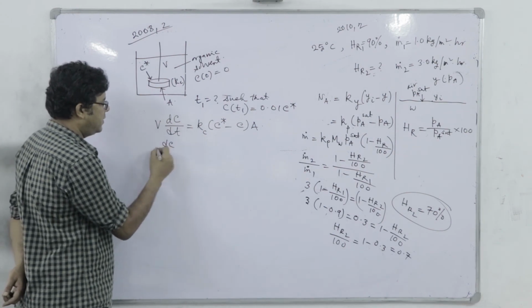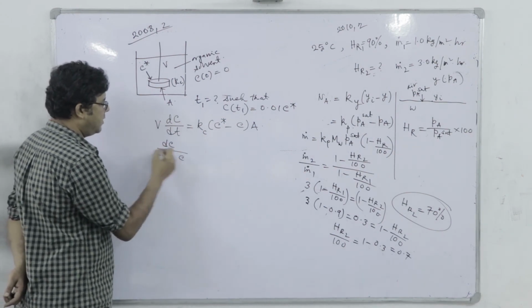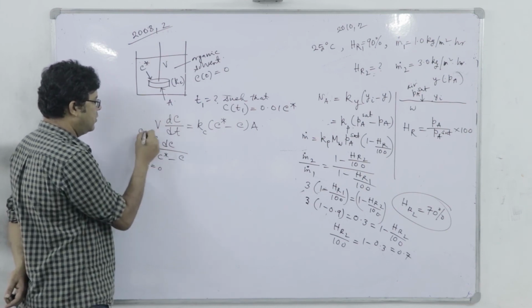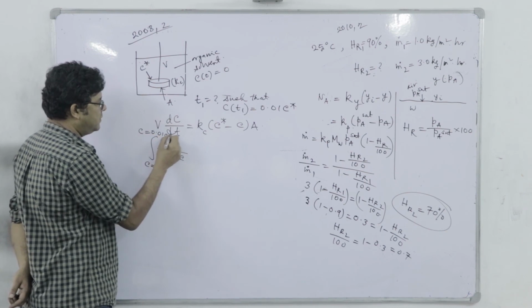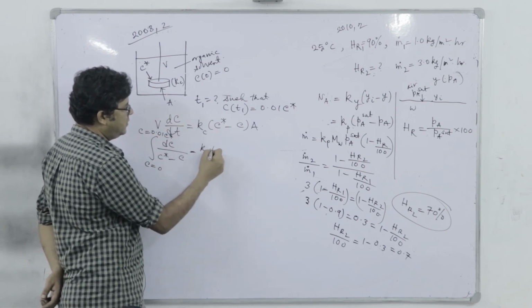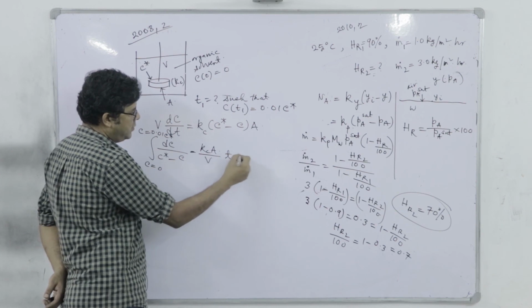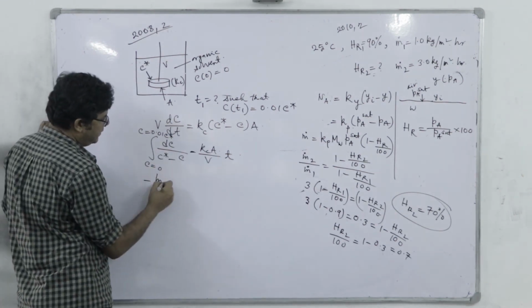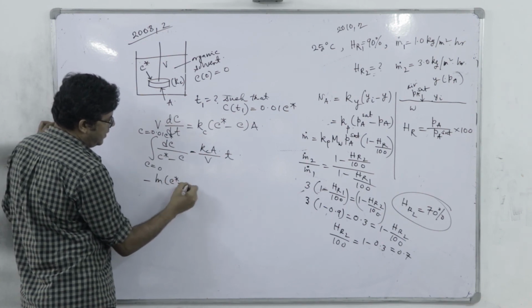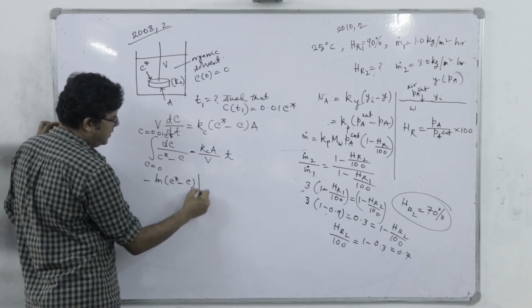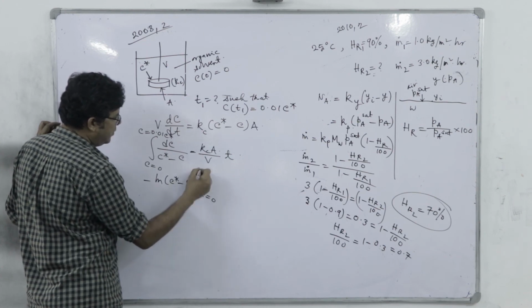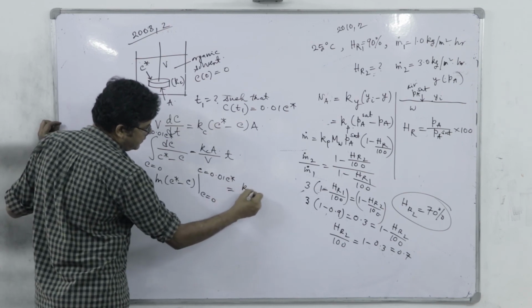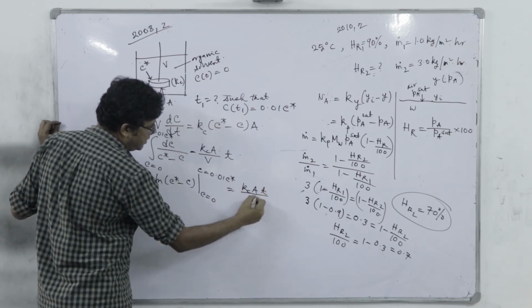So dc divided by C star minus C, integration from C equal to 0 to C equal to 0.01 C star is equal to Kc into A divided by V into T. So here it is minus of ln upon integration C star minus C, and that is C equal to 0 to C equal to 0.01 C star, that is Kc into A into T divided by V.